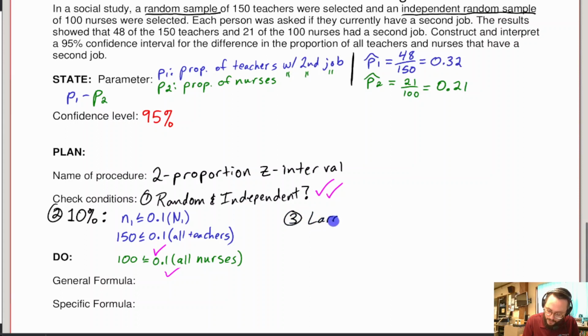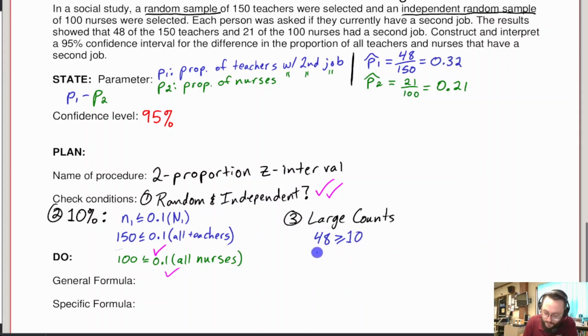So finally, large counts. First, we have to know if the number of successes is greater than 10. In this case, yeah, 48 is greater than 10. That could be n, 150 times 0.32, which would give us 48.